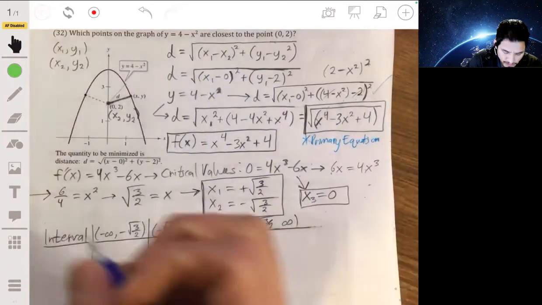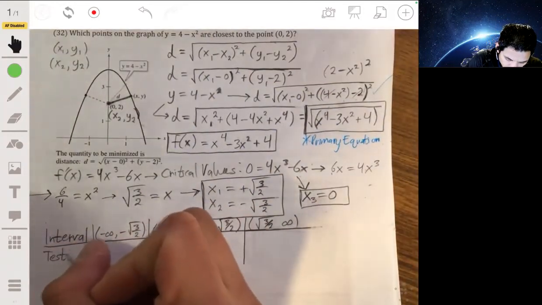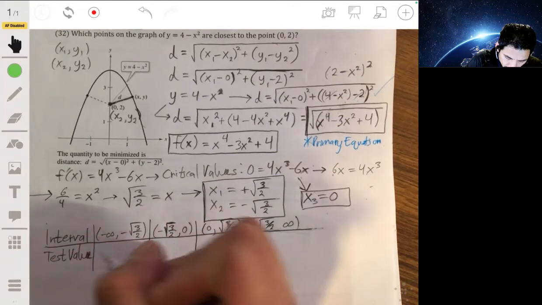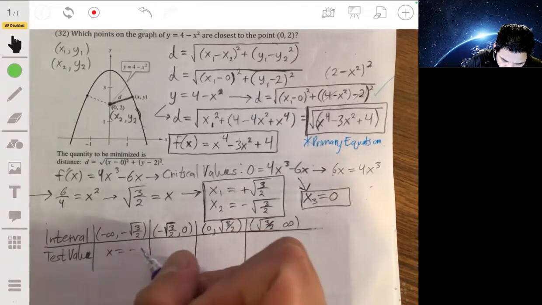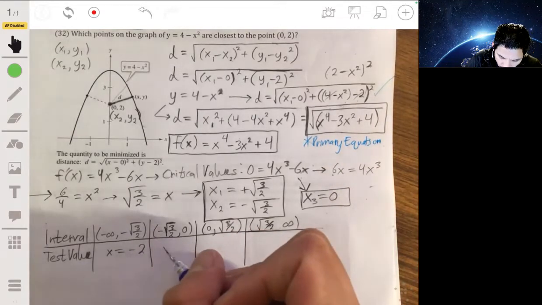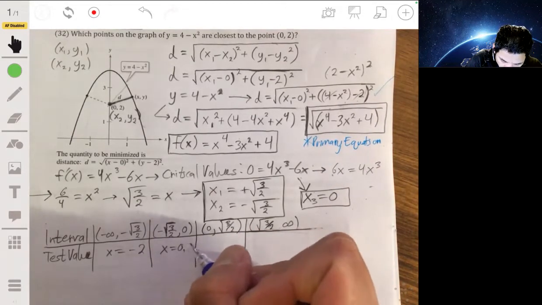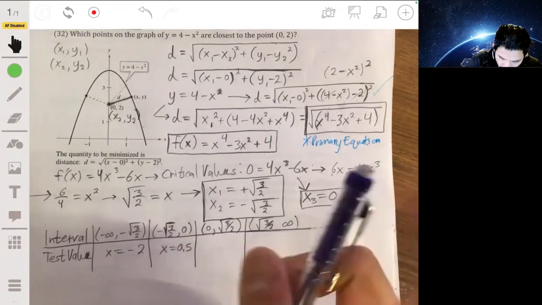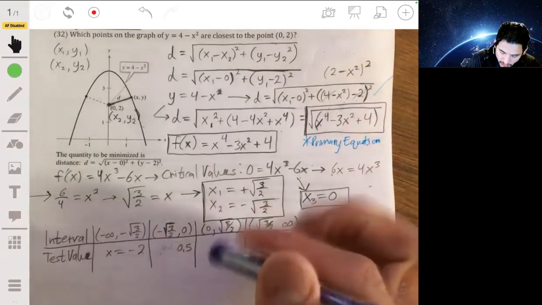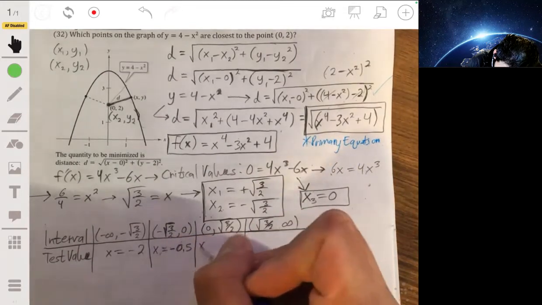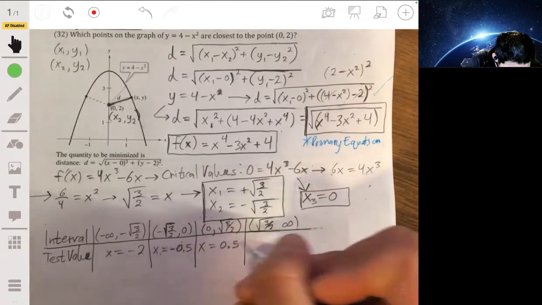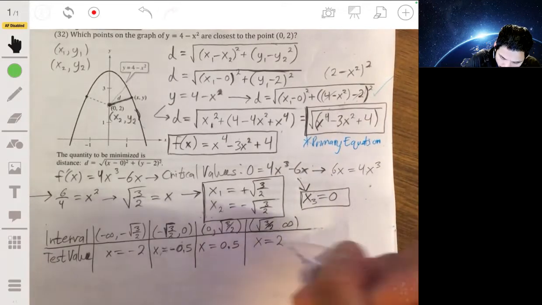And let's pick a test value. Pick numbers that are easy to work with. So I would pick, maybe x is negative 2 in this interval, x is negative 0.5 here, and then positive 0.5 here. And then x equals 2 here.